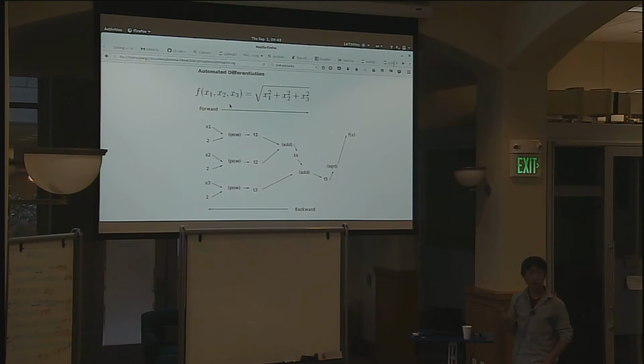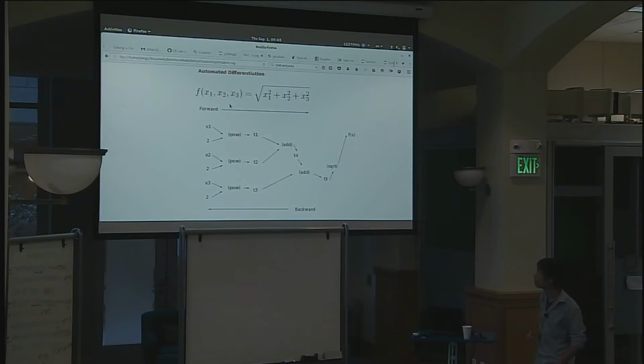So the first thing we do in automated differentiation is that we convert the function to a graph. Graph computing, right? Each input variable, x1, x2, x3, we first take the power of 2, and then they become temporary variables. It's helpful if we name these temporary variables.